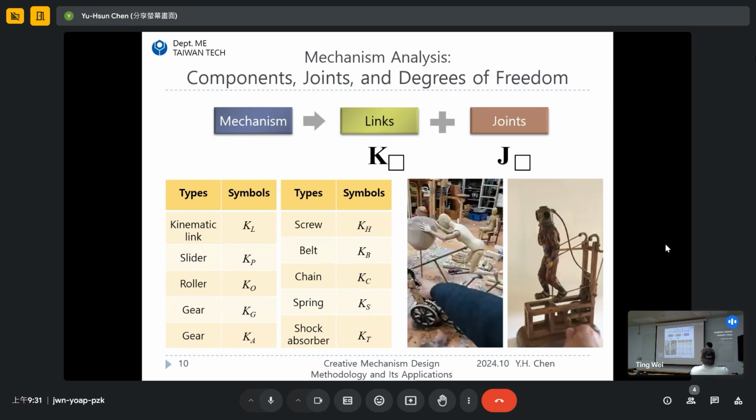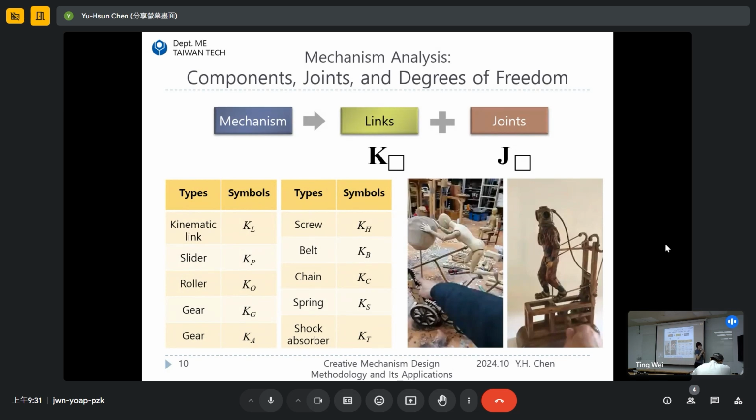But in this methodology, we make a representation: if you find a capital K with a subscript, that means a link. That is the symbol of the link. So over here you can see all kinds of links, represented by capital K with a subscript. And for the joint, that is capital J with a subscript.